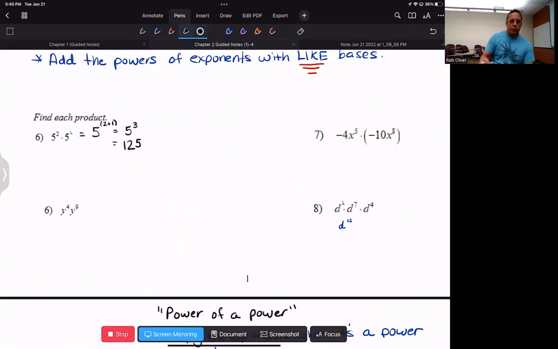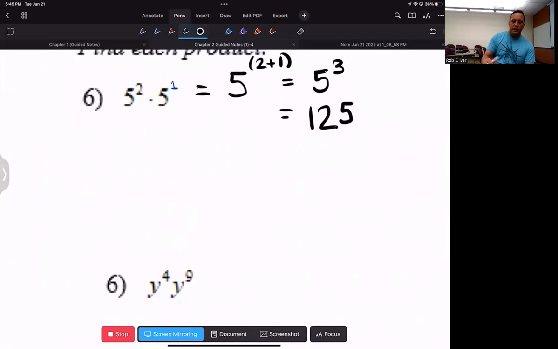Okay, so that way works. And the other thing too is that if I end up showing you the wrong way to do this, which I tend to do a lot, which a lot of people think is the right way, some people are like, well, isn't it okay if I just multiply the bases, like 5 times 5, which makes 25, and then just attach on the exponent? That doesn't work, because you can obviously see that 25 to the third power is not 125. 25 to the third power is 25 times 25 times 25. 25 times 25, I know off the top of my head, is 625.